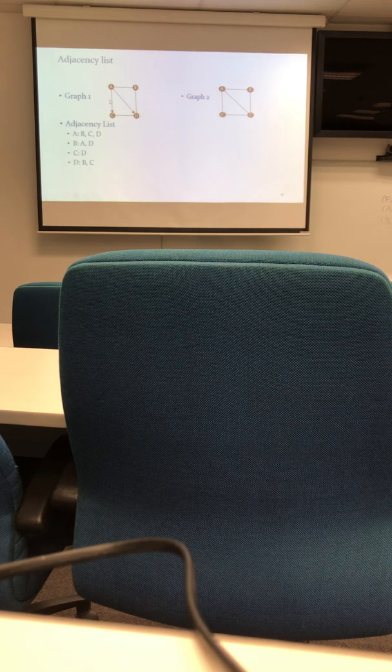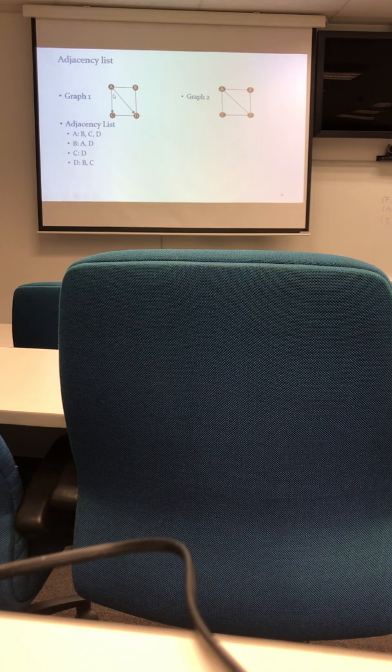We have to follow the arrow direction. We cannot go the other way. So there's only one vertex adjacent to C, that is D. So under the list for C, we keep all the vertices adjacent to C, only D. Likewise for D accordingly.